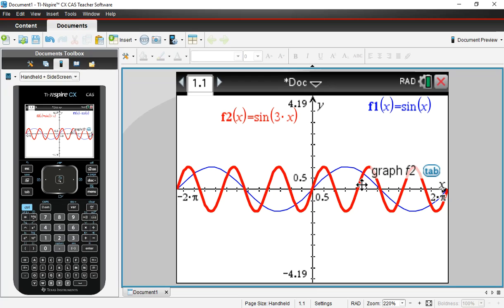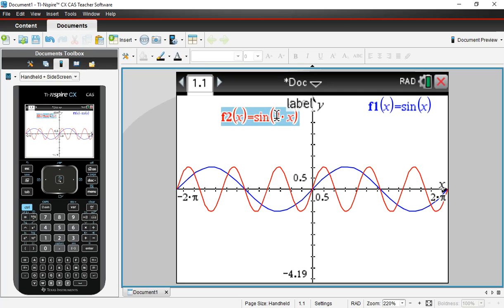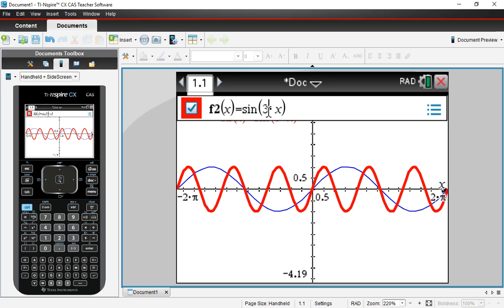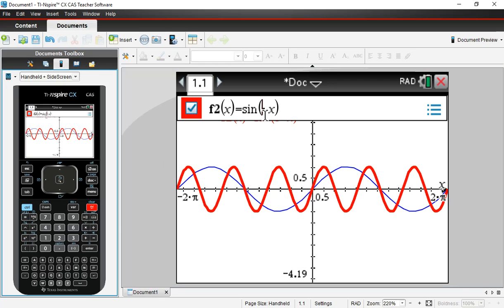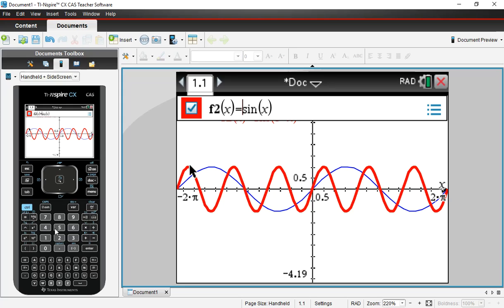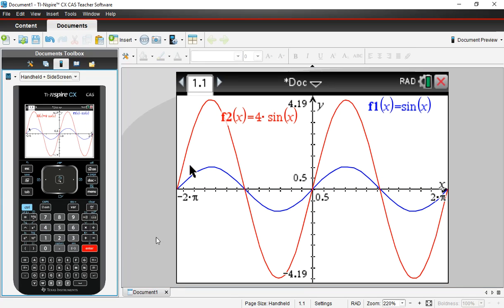The smaller the number in front of the x, so let's say that I wanted to, instead of graphing sine of 3x, let's say I wanted to look at 4 sine of x. So that doesn't change the compression, that just changes the height, right?